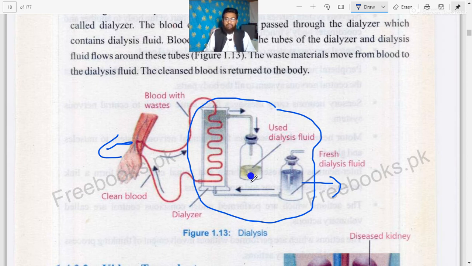In other words, the dialysis fluid receives waste material from the blood, and now this used dialysis fluid enters from another opening out of the tank into a new bottle-like storage tank. Now the blood is cleaned, and it can go back to the human body. Dear cadets, this was the process of dialysis.